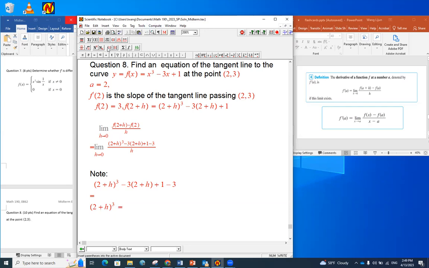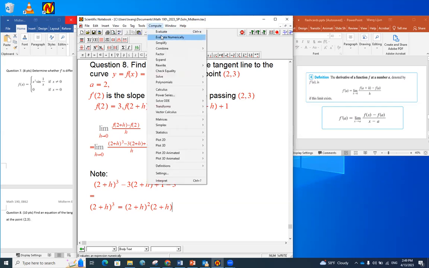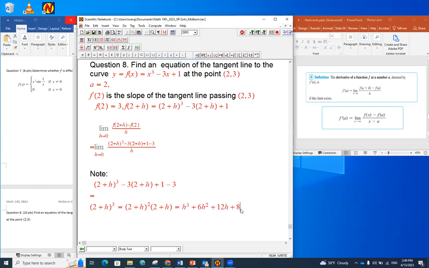I'm going to try to make it shorter because this is going to be more than 1 hour. So you do the square and you do the FOIL. Anyway, you can just expand it and bring the expanded form here. That is 2 plus h to the power 3 and minus 6 minus 3h, because negative 3 times 2 is negative 6, and negative 3 times h is minus 3h.